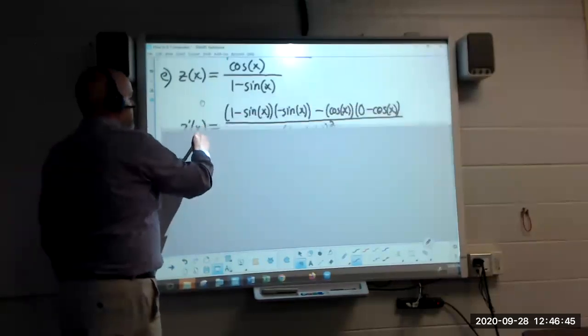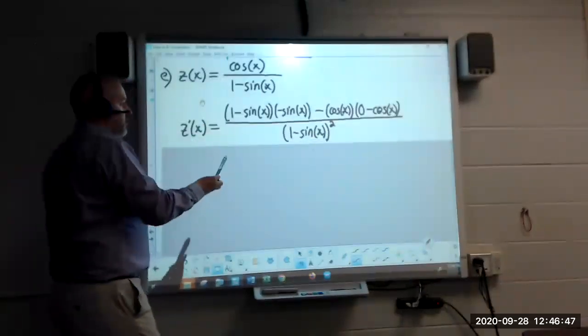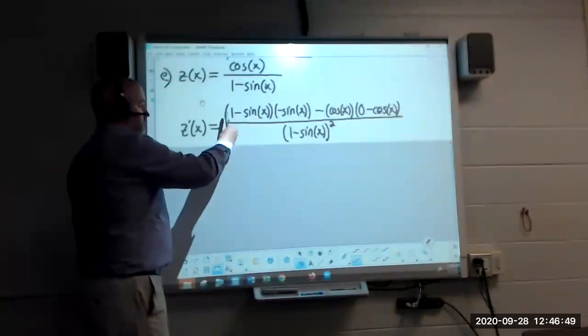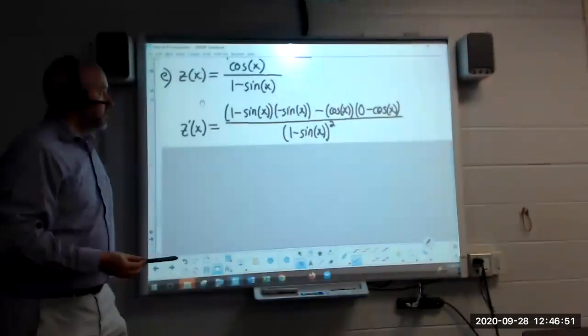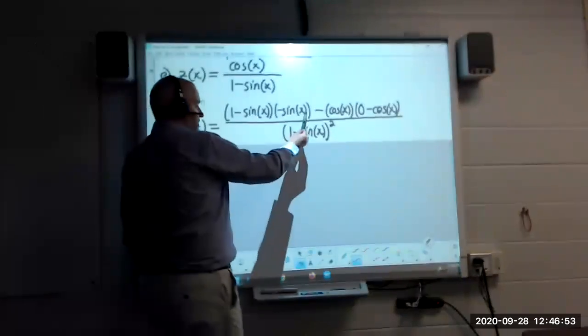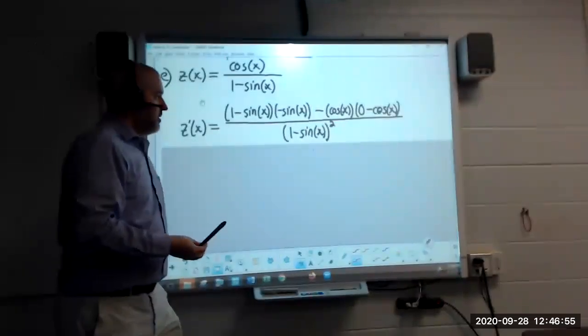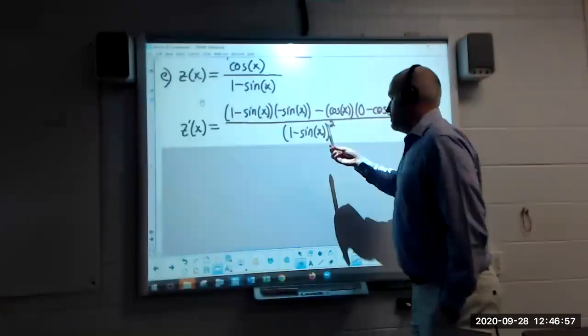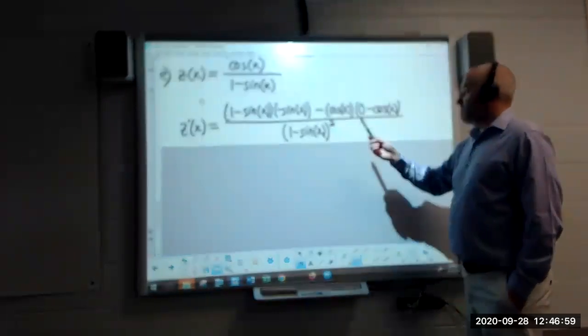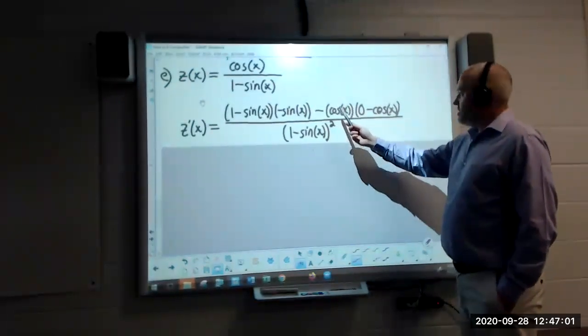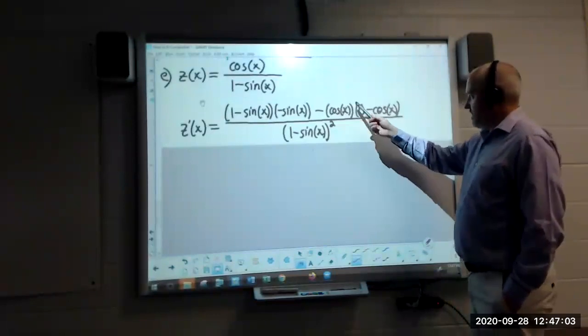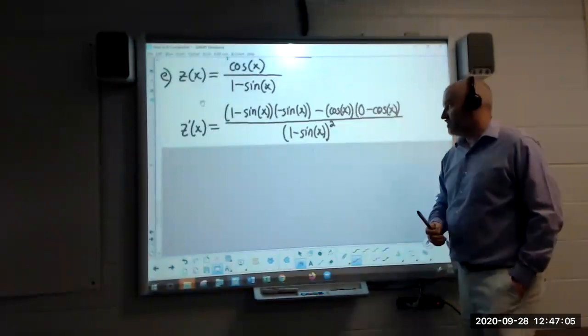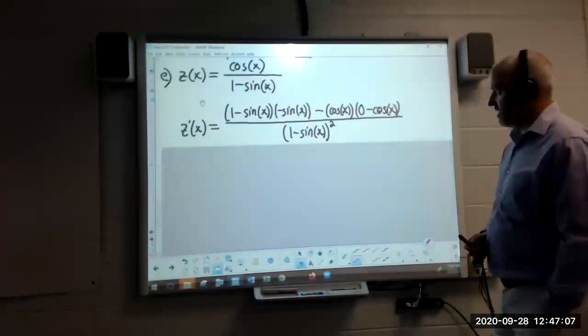So using the quotient rule, we have the low function, 1 minus sine of x, times the derivative of the high function, the opposite of sine of x, minus the high function cosine of x times the derivative of the low function 0 minus cosine of x.